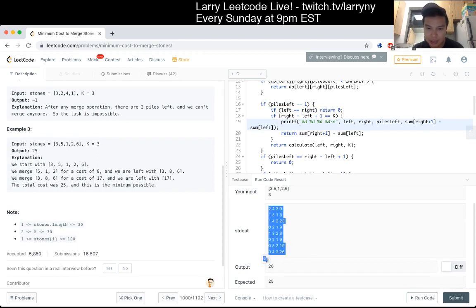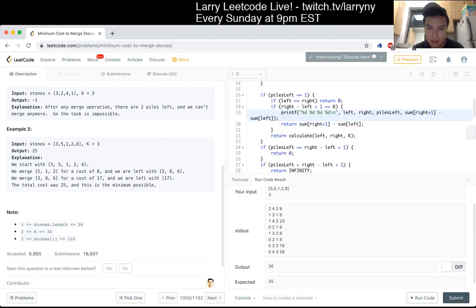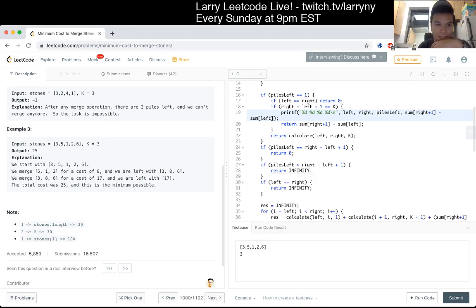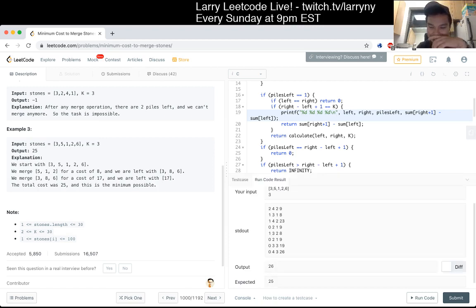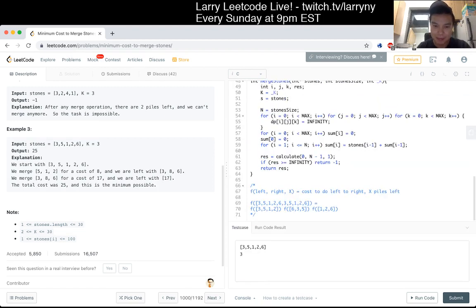So 3 and then 4, which is... Let me double check that I got the right problem, because that has happened before, where I just put in something totally incorrect. Yeah, let's test some base cases.